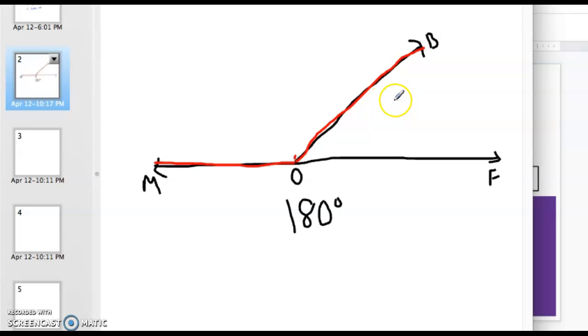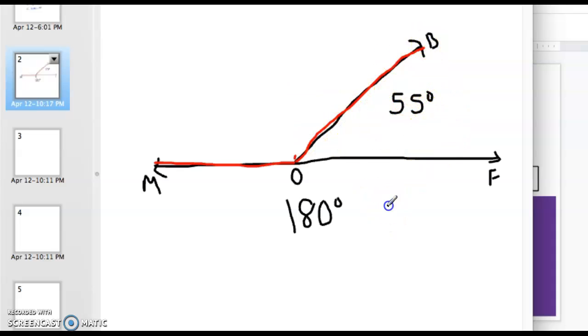So let's say this one is 55 degrees. Again, this is not exact, I'm using this as an example. Please do not think that an angle like this would be 55.